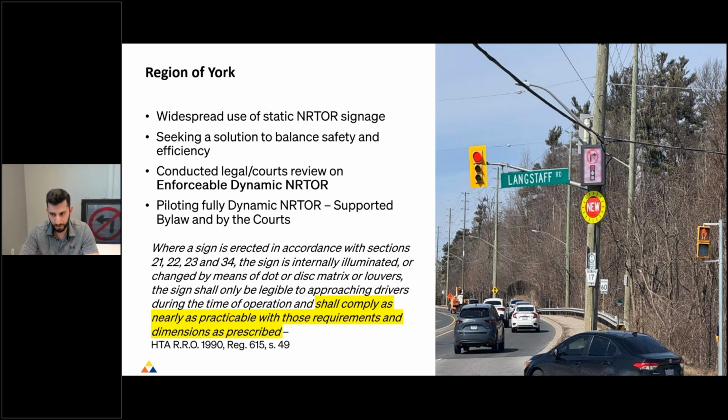To summarize, it states that so long as the dynamic sign is erected in accordance with Sections 21, 22, 23, and 34, which is essentially the subsection for turn signs, U-turn signs, and lane designation signs, and that the electronic sign is internally illuminated and matches the corresponding regulatory sign as practically as possible, then the dynamic equivalent is enforceable.